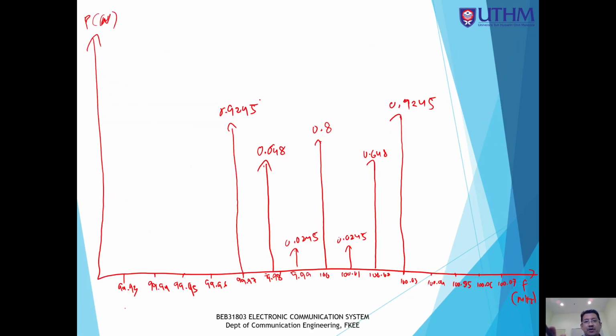Okay, 0.9245 watt for the third sideband, and then for the fourth sideband you will get 0.392. Okay, so 0.392 is somewhere over here, and see that I just do the estimation in terms of height.